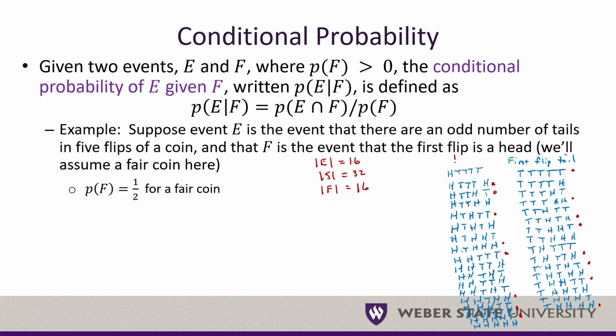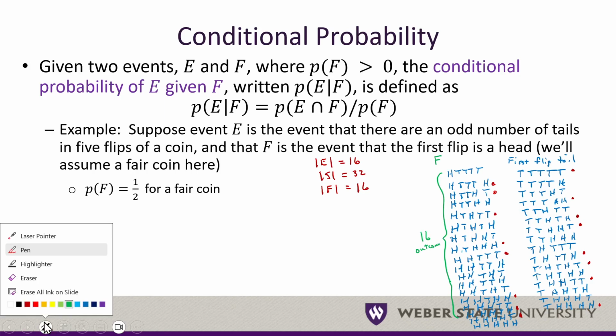So this is F, and let me write that in a different color. F is 16 outcomes.